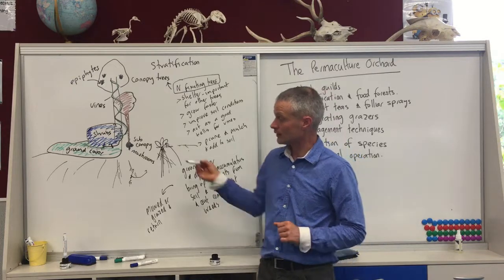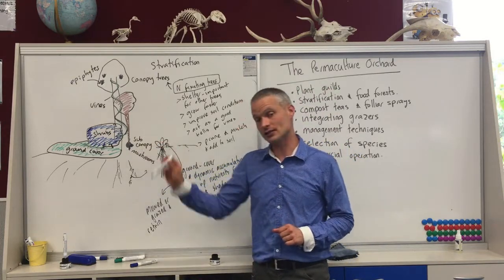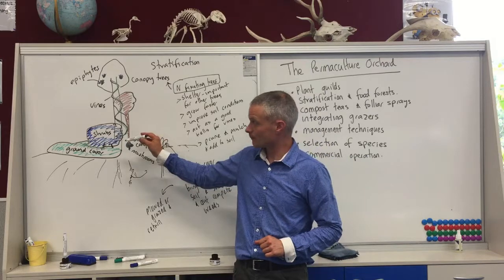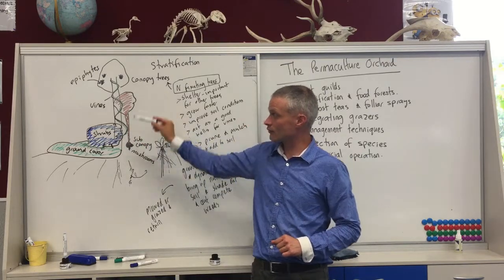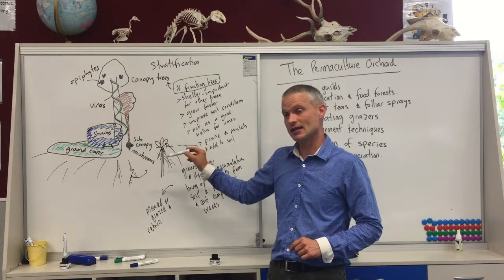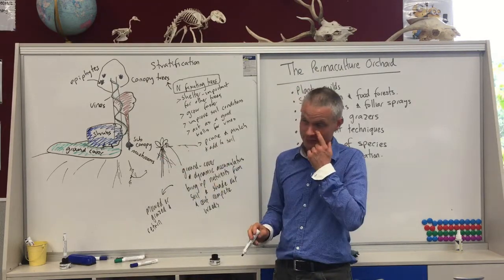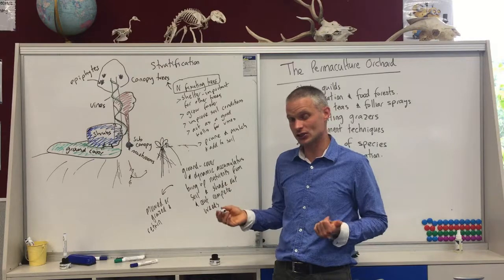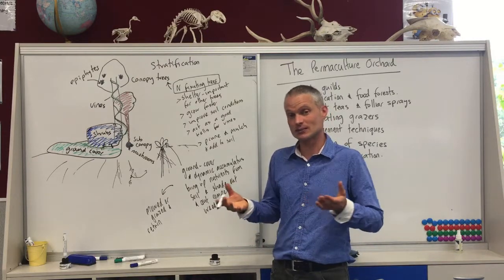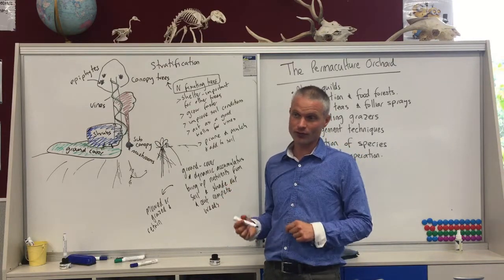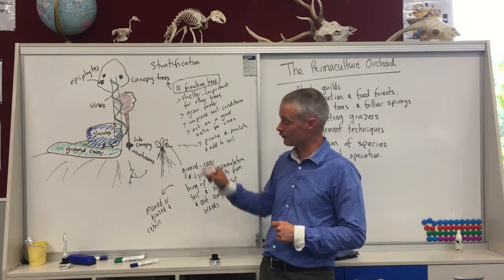And when you do that, you're improving the soil conditions in a way that will better support the growth of these productive species and less support the growth of these weeds, because these weeds are really favoured by poor soil conditions, and the better the soil conditions become, the less favourable that soil condition is for these weeds.